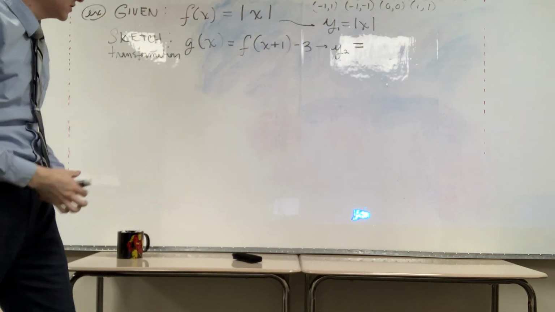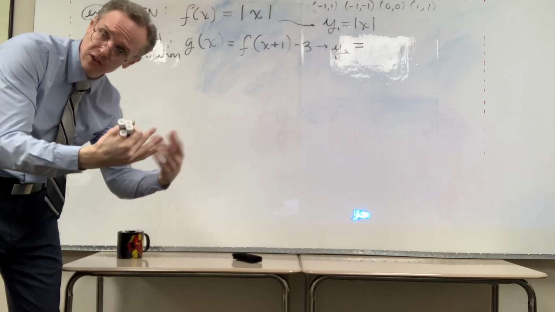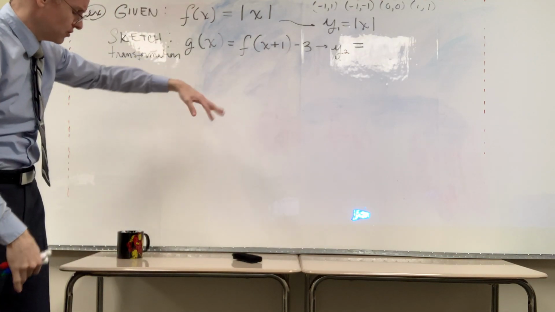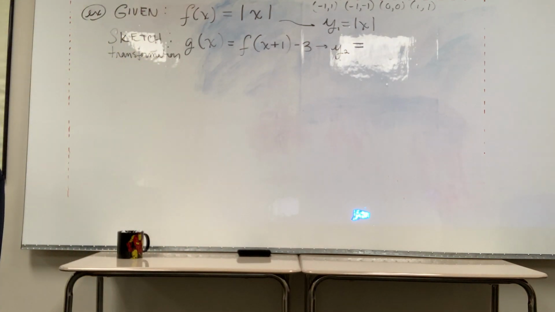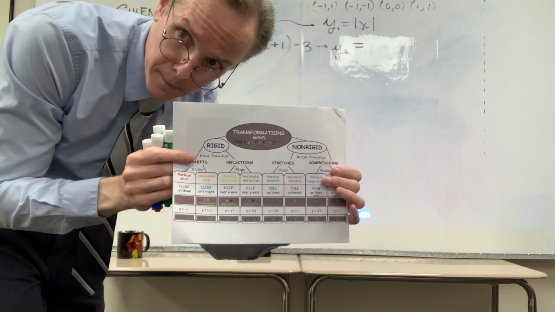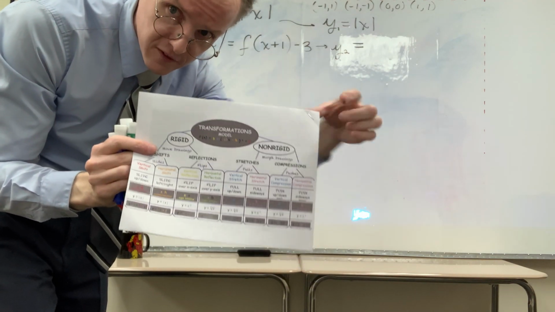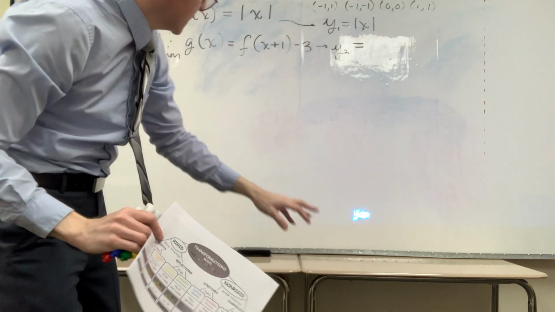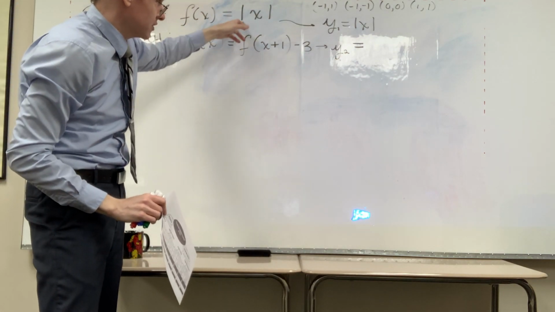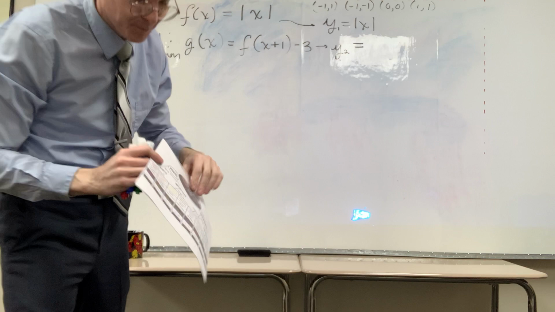A couple of things. Assuming that everyone is a novice at this point with transformations, you're still getting your feet wet, I hope that it's helpful to use this as a map. These are the effects. This is where those effects would be situated in the unique function that you have. In this case, the unique function is an absolute value.